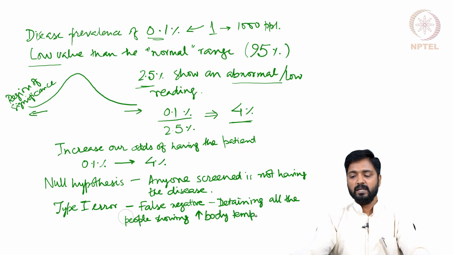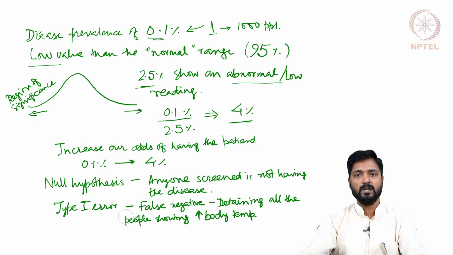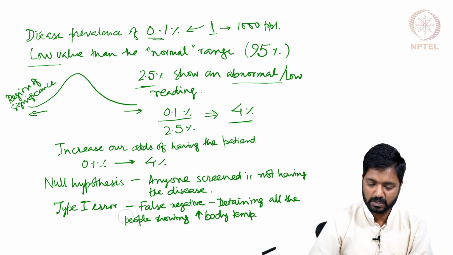So obviously, just because someone has a high body temperature does not mean that the person is actually diseased, but we are increasing our odds of finding a person who has the disease by undertaking the thermal screening.